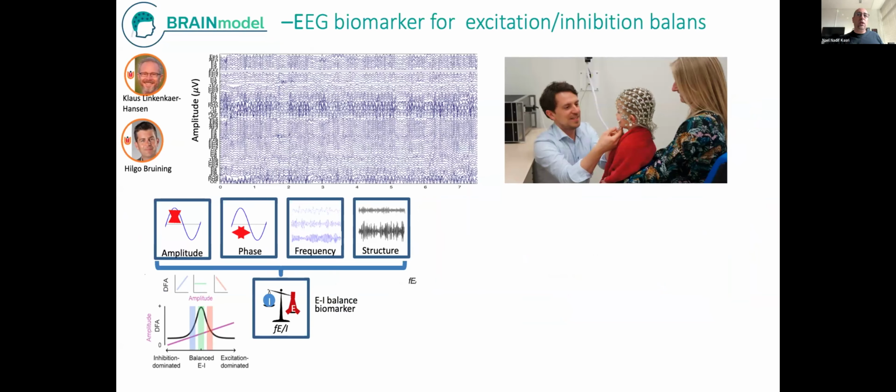For the EEGs, this part is led by Klaus Linkenkaer-Hansen and Hilgo Bruining. They have developed this kind of measurement originally for cases of very strong epilepsy and also autism. Here you see how it happens in the clinic: the kids get a cap over their head.